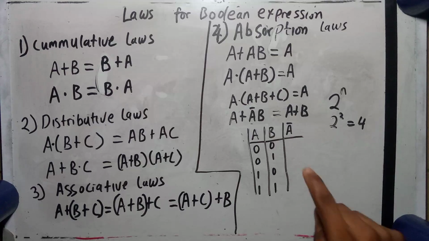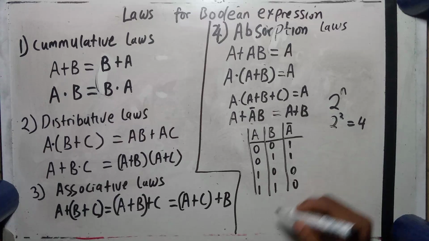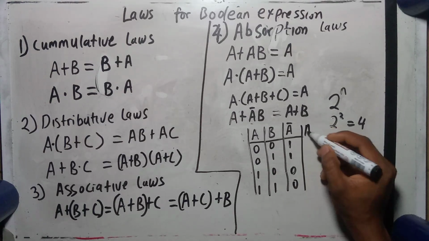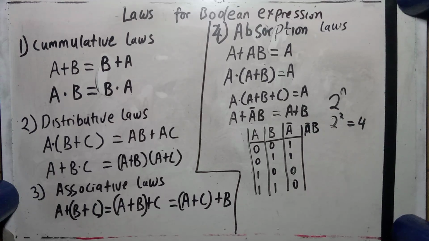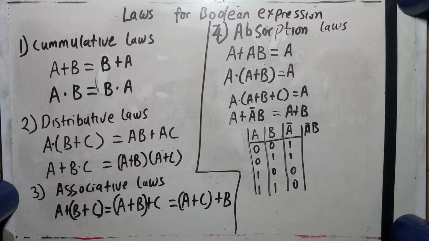Now, for us to negate our A, we'll be having 1, 1, 0, 0. Okay. Now our A bar multiplied by B will give us what?